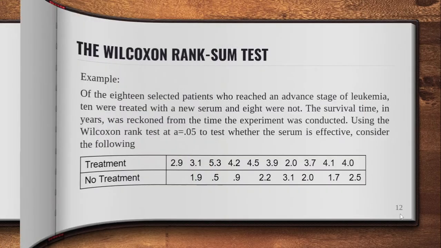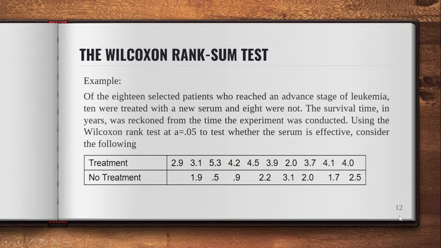Now, in example in Wilcoxon Rank-sum test on how to compute, of the 18 selected patients who reach an advanced stage of leukemia, 10 were treated with a new serum and 8 were not. The survival time in years was recorded from the time that experiment was conducted.